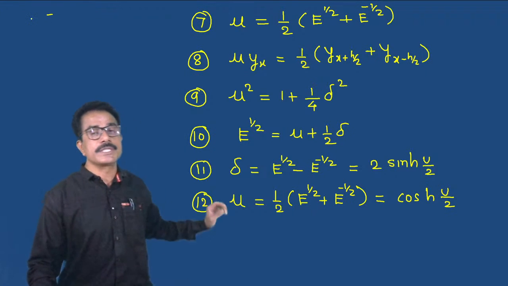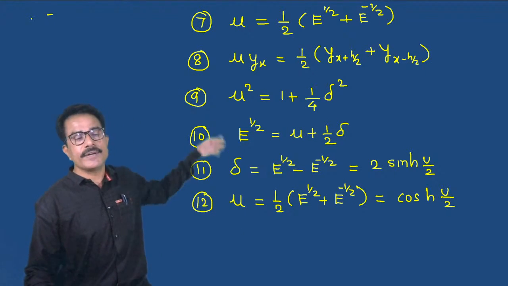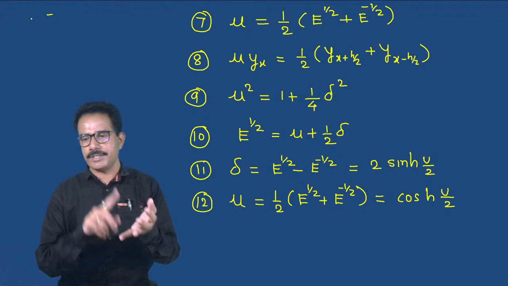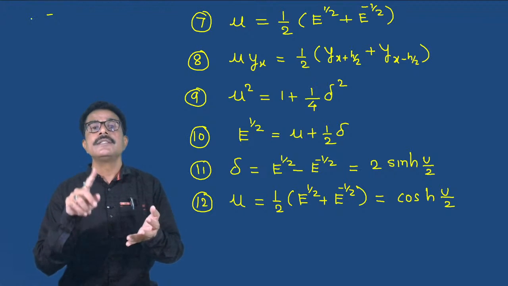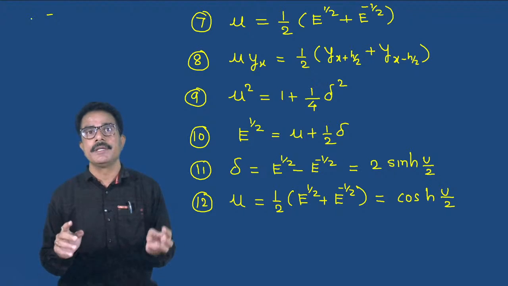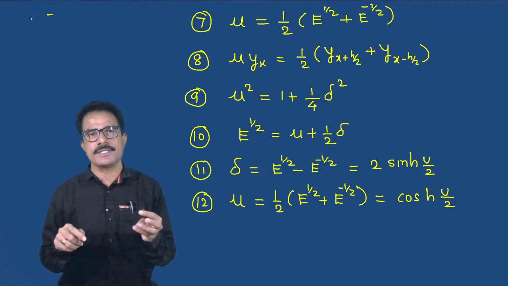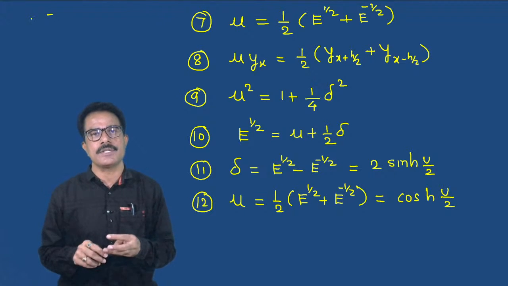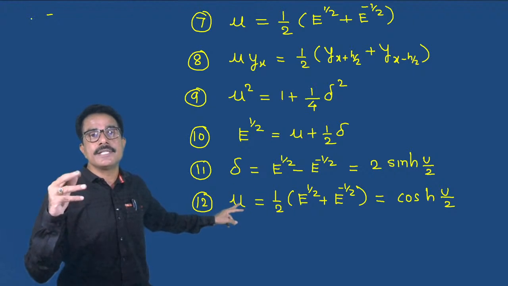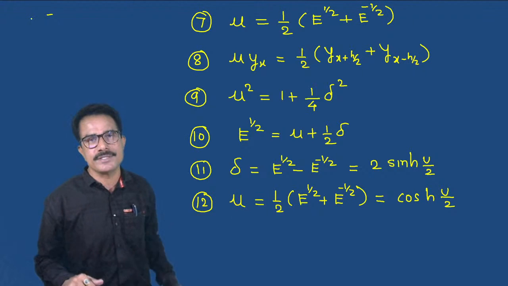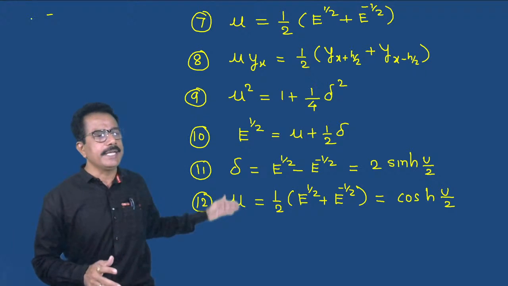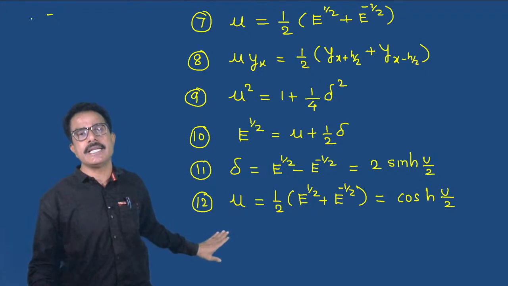So up till now we have studied, we have proved 12 different formulae regarding forward difference operator, backward difference operator, shift operator, central difference operator, average operator. प्रत्येक ऑपरेटर लक्षात ठेवा. डेल्टा, कॅपिटल डेल्टा मीन्स फॉरवर्ड डिफरन्स ऑपरेटर, कॅपिटल नेबला मीन्स बॅकवर्ड डिफरन्स ऑपरेटर, कॅपिटल E मीन्स शिफ्ट ऑपरेटर, स्मॉल डेल्टा मीन्स सेंट्रल डिफरन्स ऑपरेटर, स्मॉल म्यू मीन्स ॲव्हरेज ऑपरेटर. असे एवढे ऑपरेटर आतापर्यंत पाहिलेले आहेत आणि त्याच्या आधारावर या चॅप्टरमध्ये आपण 12 रिलेशन्स प्रूव्ह केलेले आहेत.